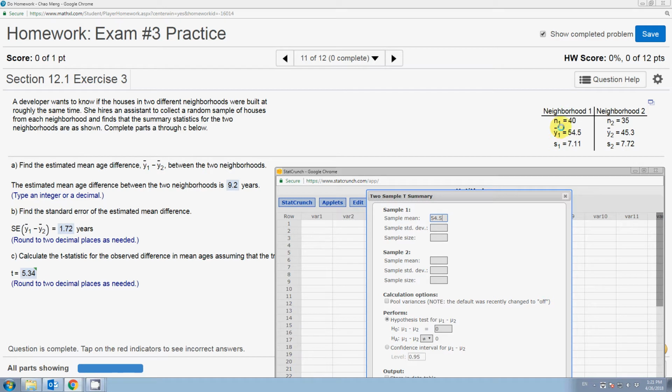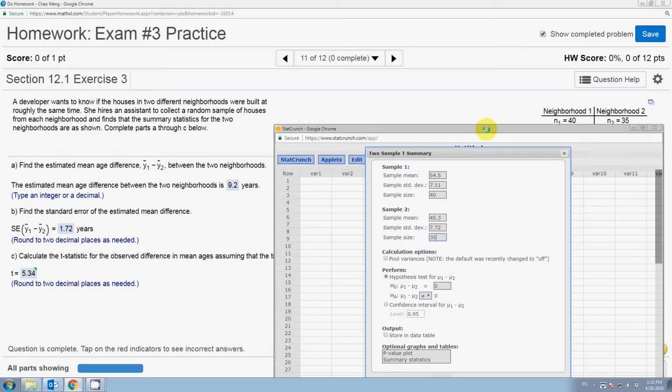The y bar is the sample mean, small s is the sample standard deviation, and n is the sample size. So let's remember those notations. The sample standard deviation is 7.11, sample size is 40, and for the second sample, neighborhood 2, the sample mean is 45.3, the sample standard deviation is 7.72, and the sample size is 35.